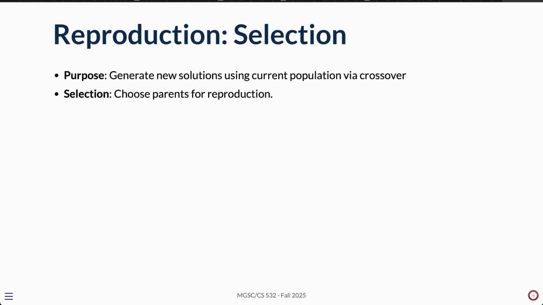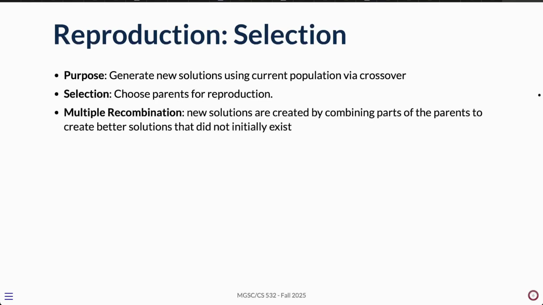Different selection methods balance this trade off between exploration and exploitation. We have multiple recombination, and the main idea with this is that new solutions are created by combining parts of parents to create potentially better solutions that didn't initially exist.